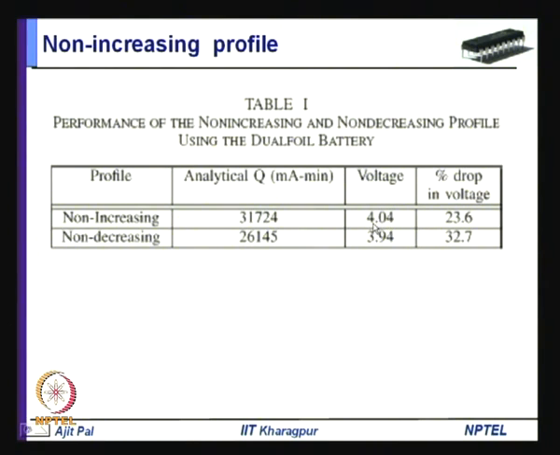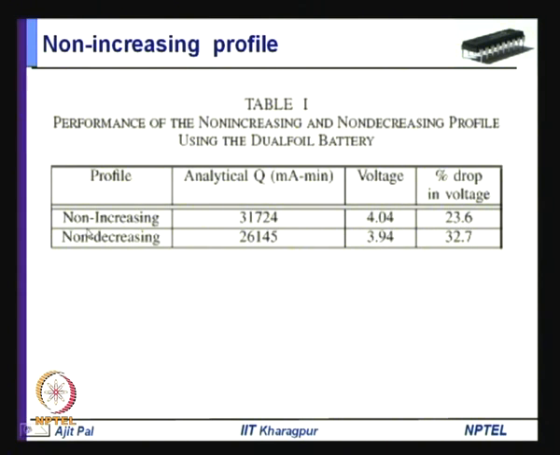That means the battery is in better condition, or rather the battery has got more charge, compared to the next situation, where 3.94 is the lesser voltage. The voltage drop in the first case is 23.6, in the second case it is 32.4.